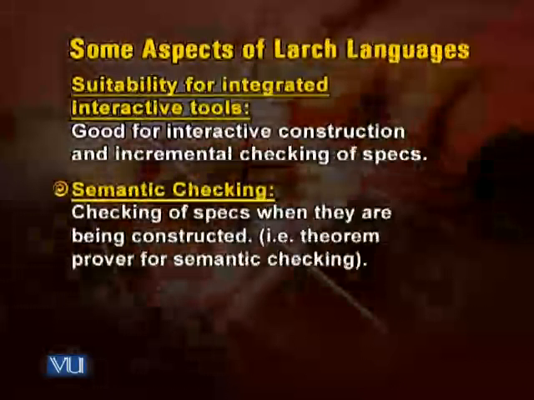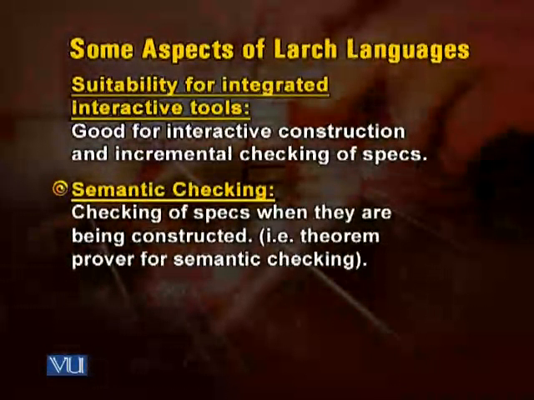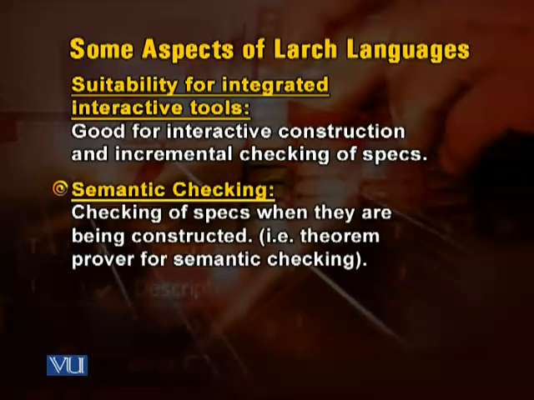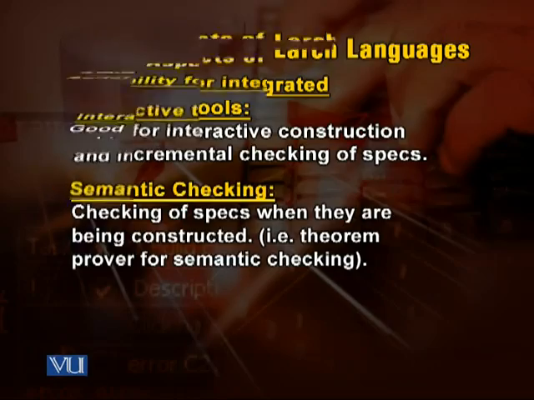And then there is the semantic checking, which lets checking of specs when they are being constructed, that is, a theorem prover for semantic checking. So once again, this is what I have already mentioned, that you can use these theorem provers to check the semantics of the specifications.